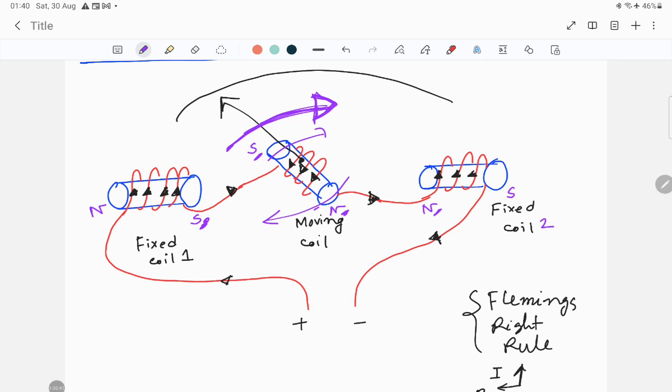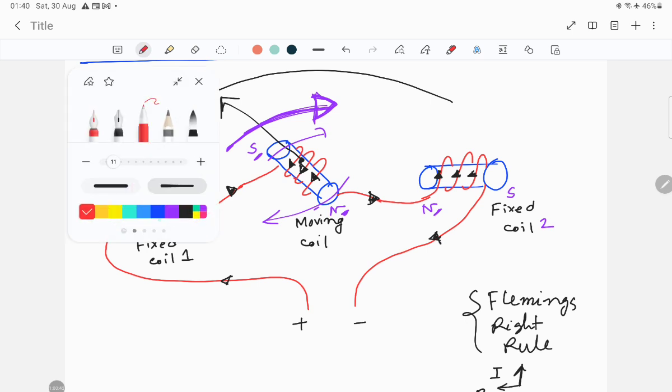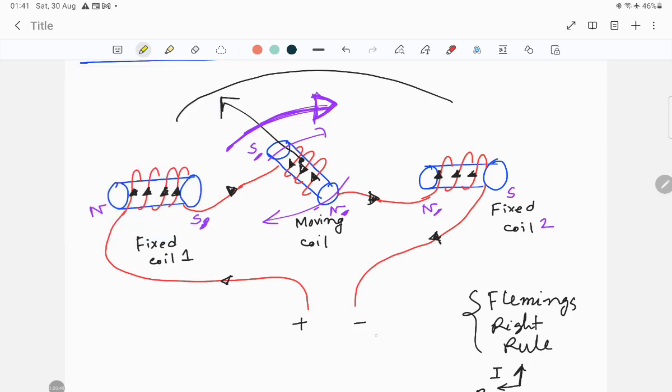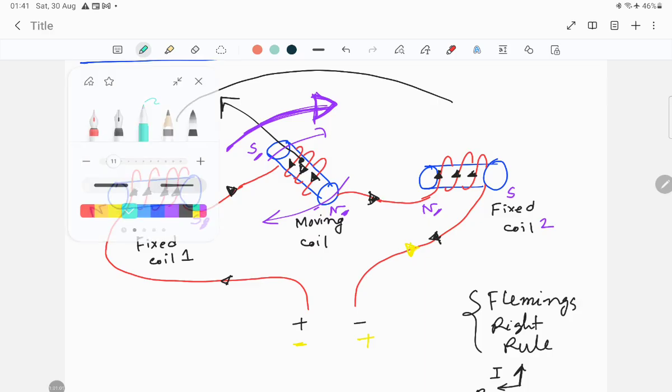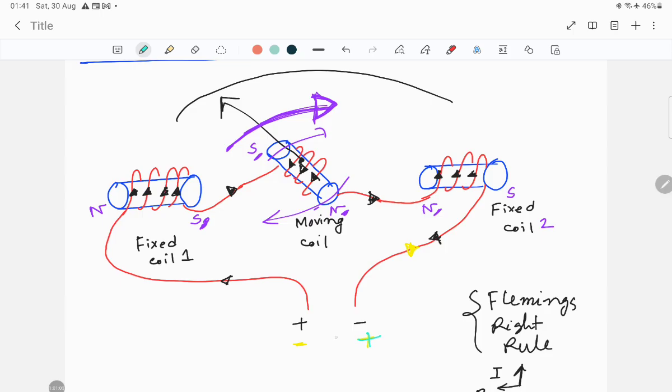Now if we go for the second case, suppose there is plus, there is negative, so what will be the current direction? Right now the current direction is like this manner. So let me change the color, actually it's not visible. So positive, negative.